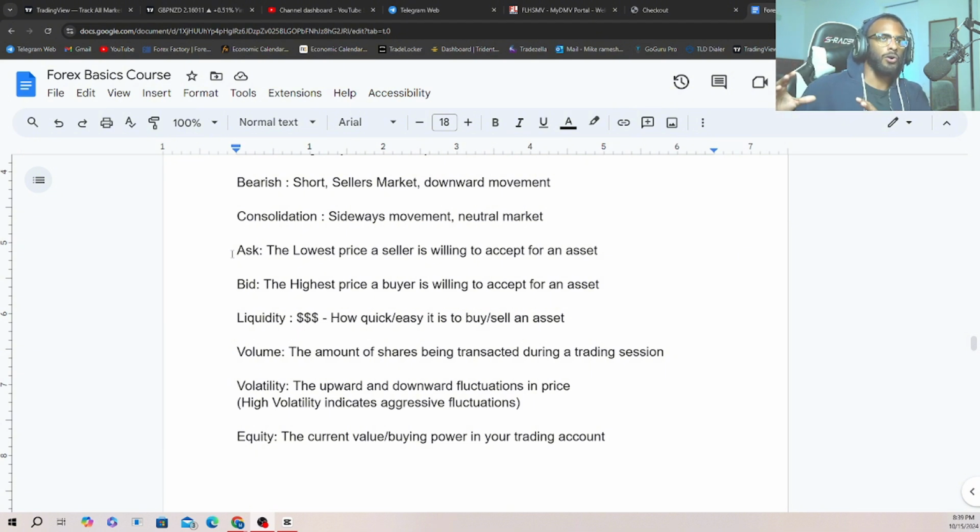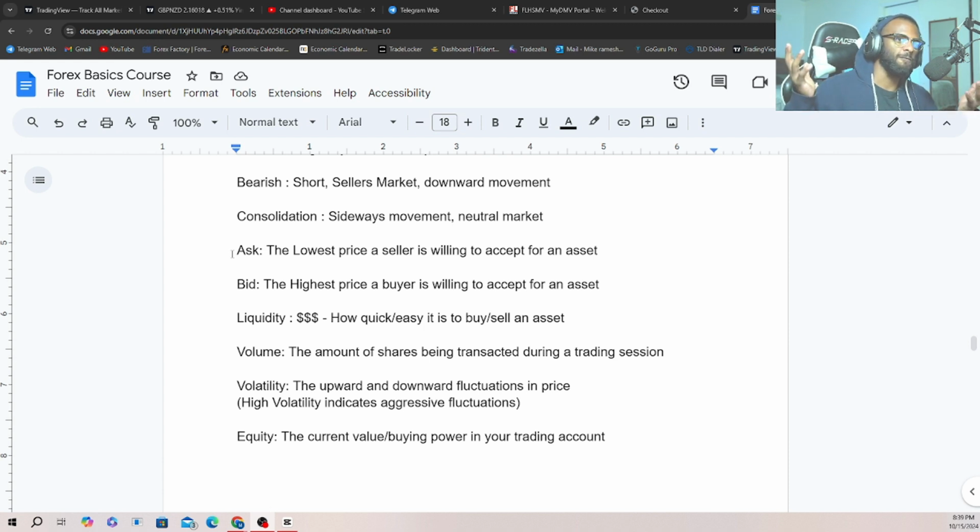Well, the water, which is liquid, flows, right? So start to understand that banks represent liquidity because they hold your money. In a market that's very liquid, it's very quick, easy, and efficient to buy or sell an asset. That means there are a lot of people in the market.